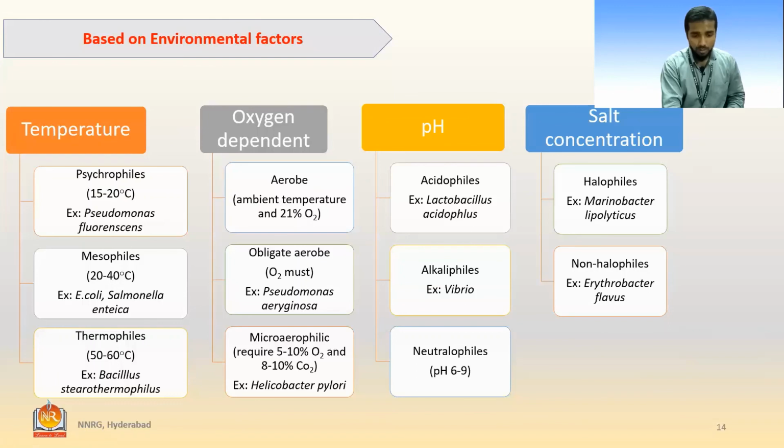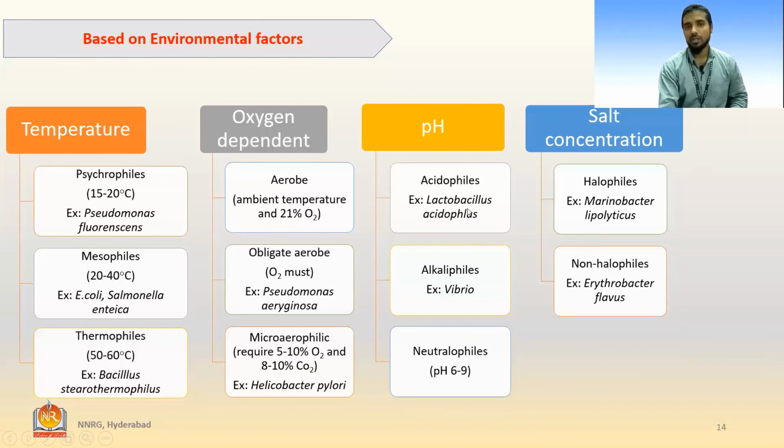Examples are Pseudomonas aeruginosa and microaerophilic, which means these microorganisms are able to survive even if the oxygen percent is 5 to 10% and carbon dioxide concentration is higher than oxygen, that would be 8 to 12% or 8 to 10. So you can see microaerophiles are those which require 5 to 10% of oxygen and 8 to 10% of carbon dioxide. And the example is Helicobacter pylori.